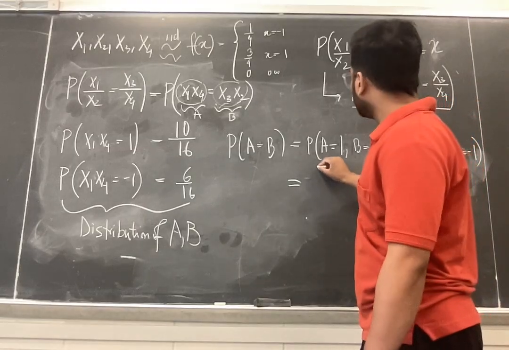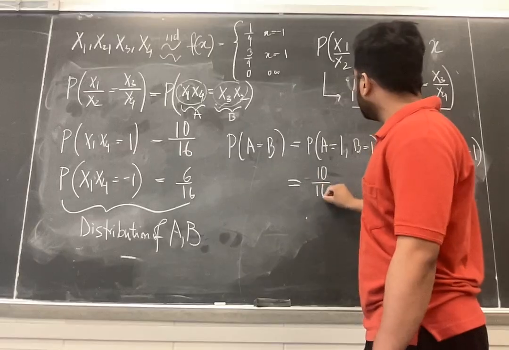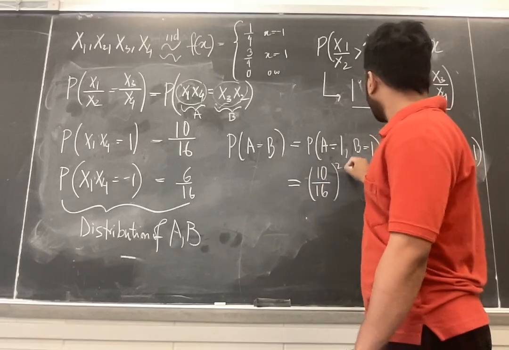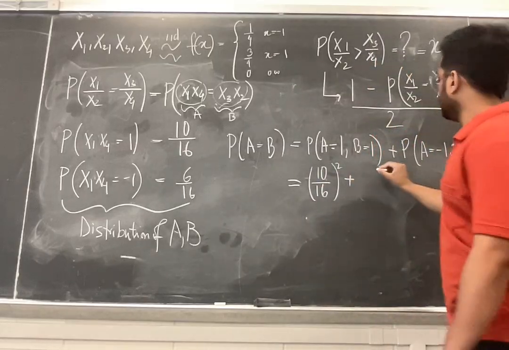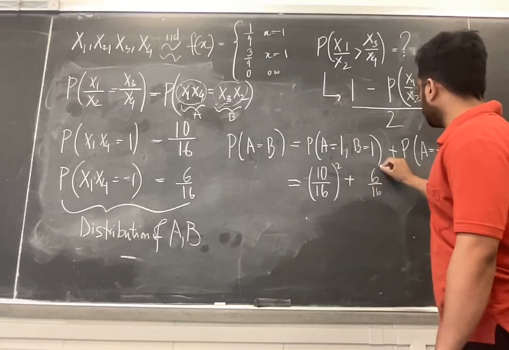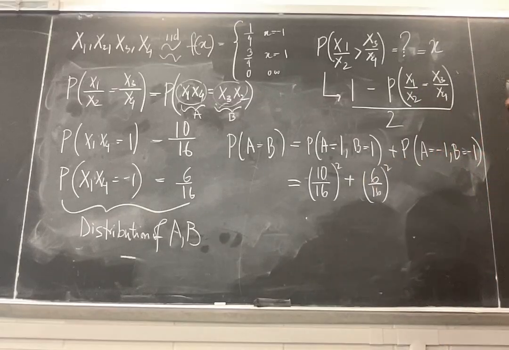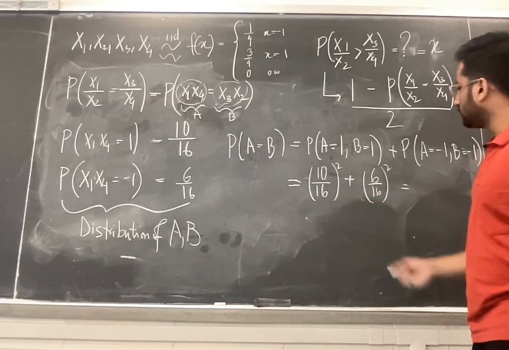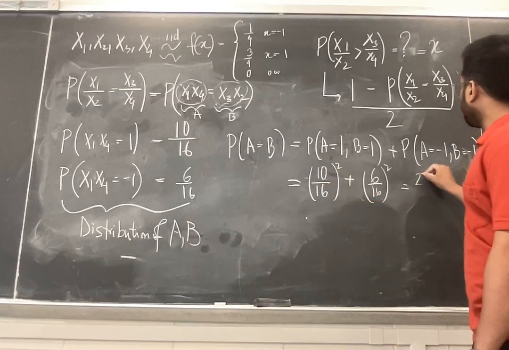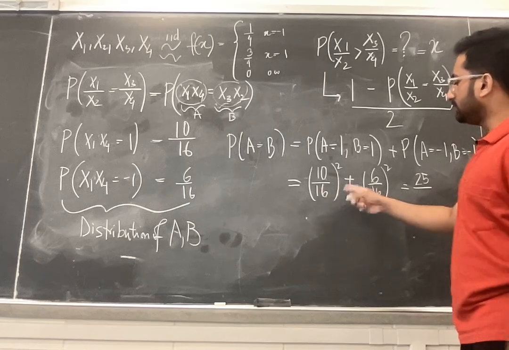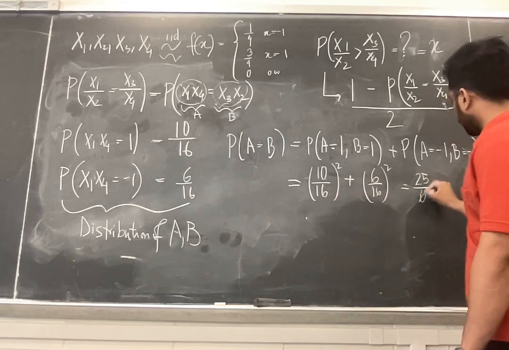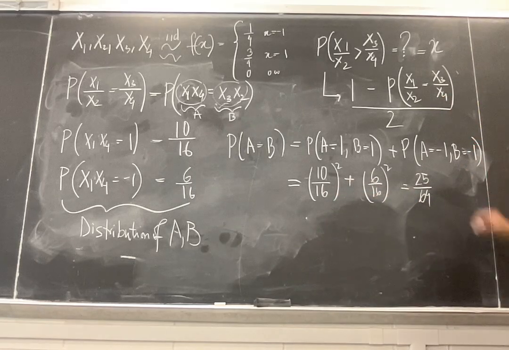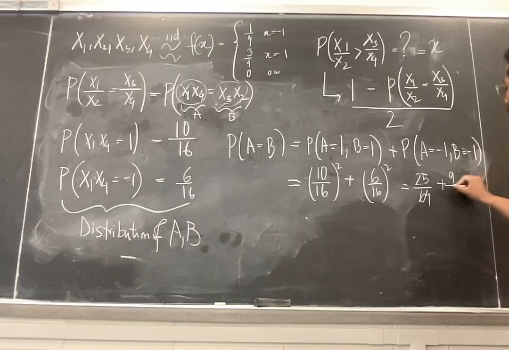So therefore we get 10 by 16 whole square plus 6 by 16 whole square. Okay? And if you replace it, the 4 will cancel out. So you will get 25 by 16 times 16 by 4, so 16 times 4, 64, plus here 9 by 64.